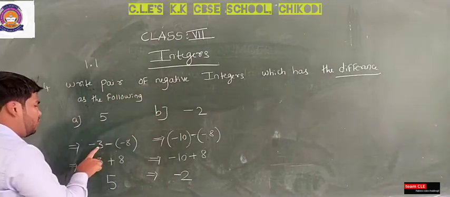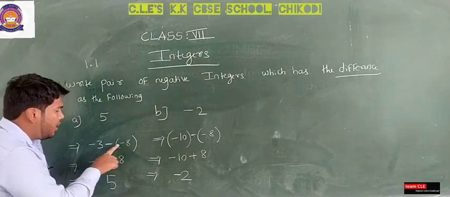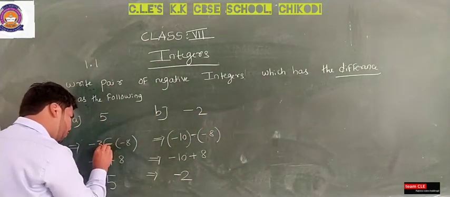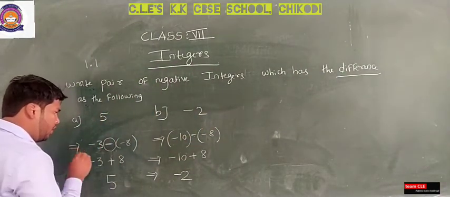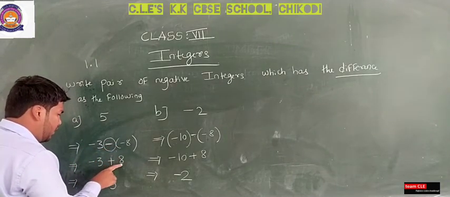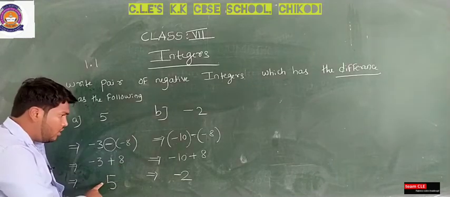So see here, first of all for 5, what does the question say? Take two negative integers. The two negative integers are -3 and -8, and the question says difference, so we have to use the subtraction operation. -3 as it is, minus into minus is plus 8, so 8 minus 3 is equal to 5. By seeing the greater number's sign we keep the sign.